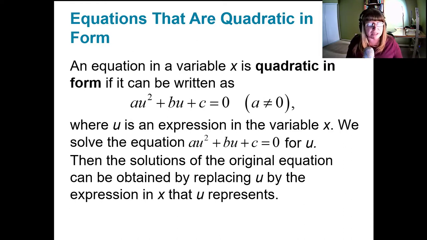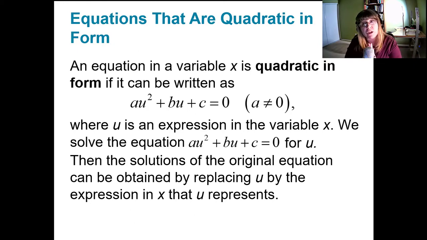So we would have something like a times x plus 1 squared plus b times x plus 1 plus c equals 0. We're just replacing that expression with a u, and it will be in this form, quadratic in form, au squared plus bu plus c equals 0. Very similar, but now we have an expression with the variable x and not just an x.